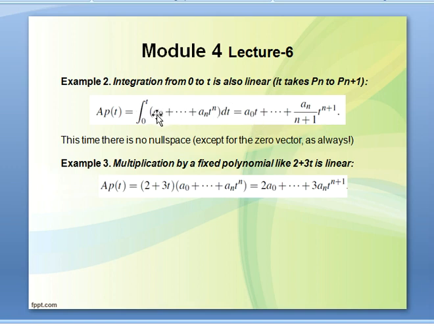So it would be a naught t, because integration of a constant is the constant multiplied by t, then a1 t squared by 2, and that way it goes up to an t raised to n plus 1 divided by n plus 1.